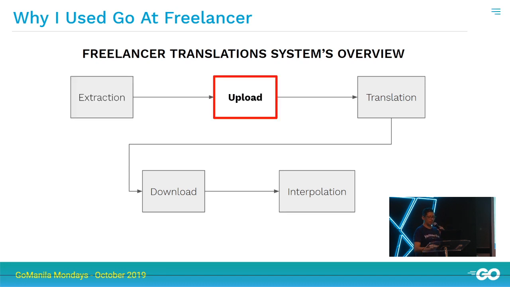It's called extraction. After all the copies are extracted, they're uploaded into a microservice, which we call the translation service. And during this upload process, two things happen. Not just do the translations get uploaded, but the source text, the copies, get uploaded.